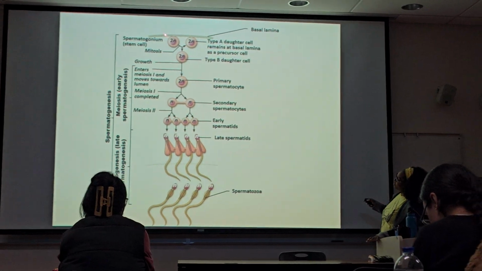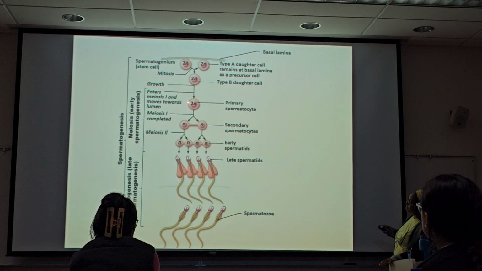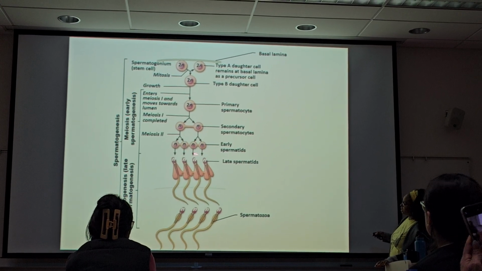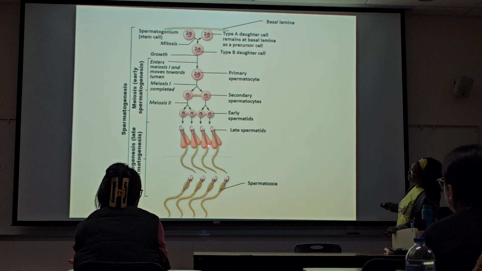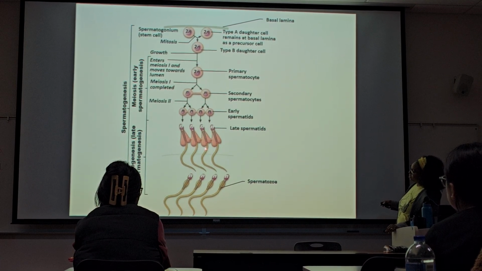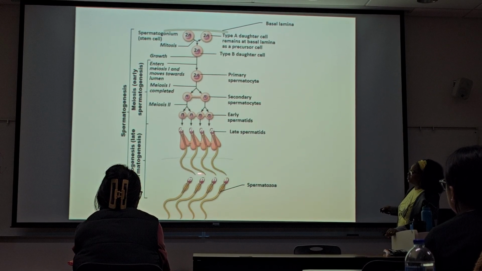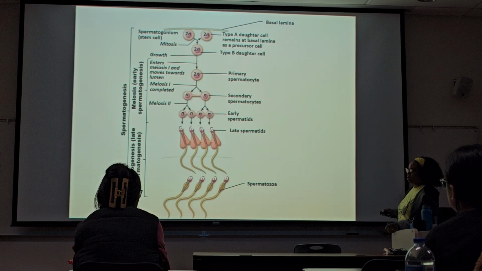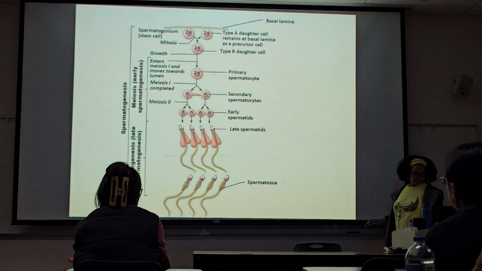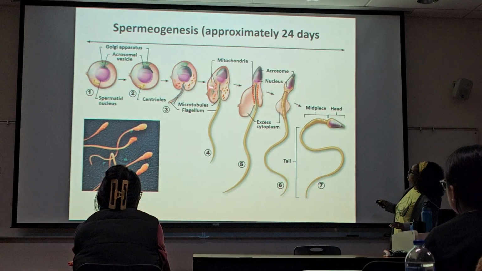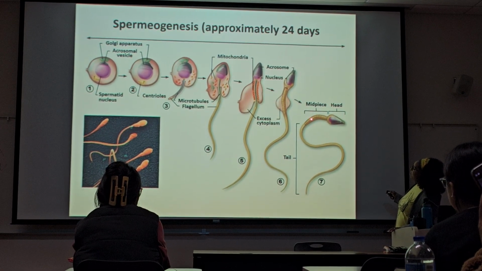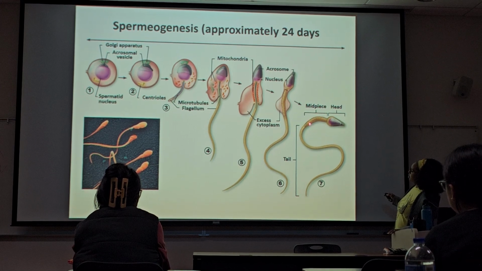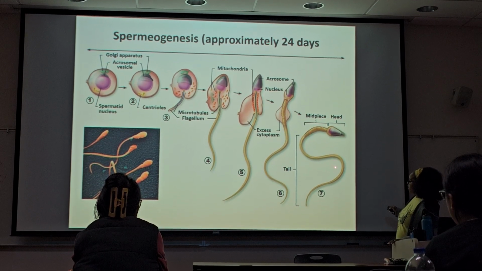Okay, so after the process of mitosis and meiosis, we get the haploid spermatids, we enter in spermiogenesis, okay, in order to change physically into spermatozoa, or sperm cells, okay, that have that elongated head, a mid-piece where we have a lot of mitochondria, okay, and then the tail.